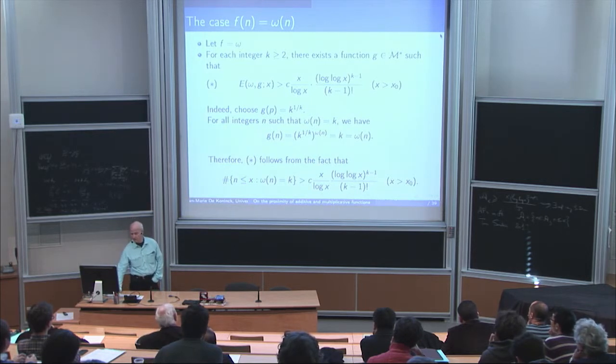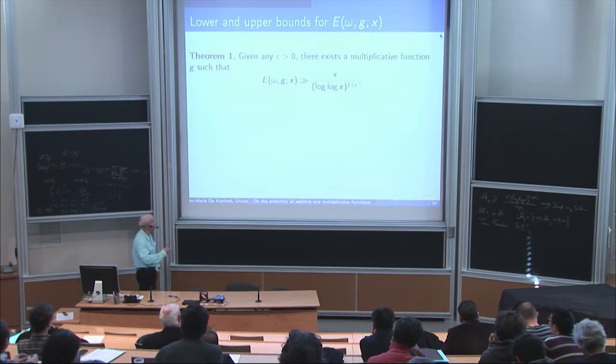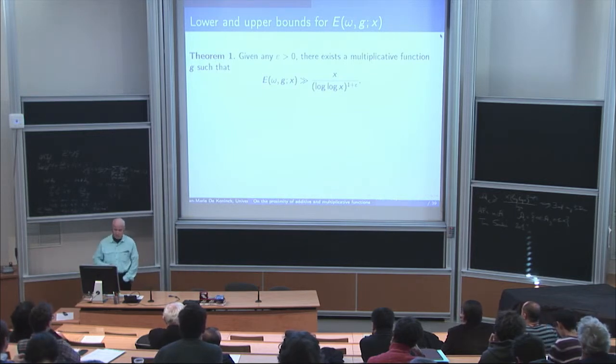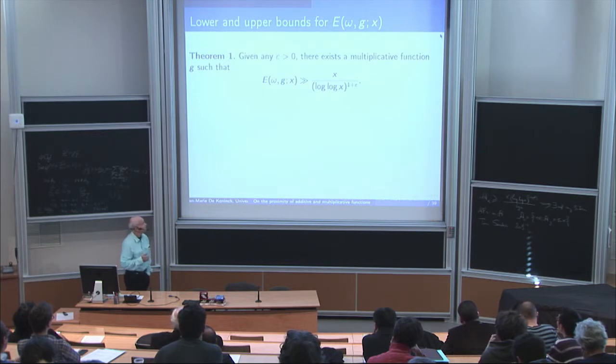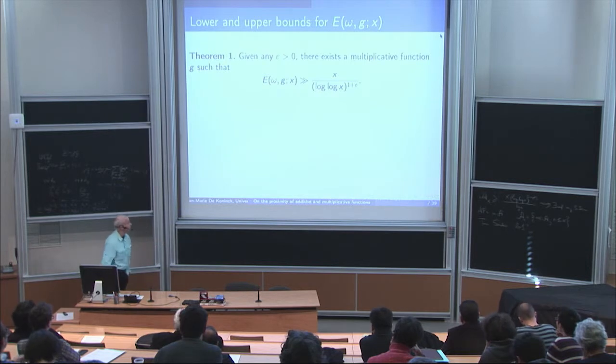So I will state now four theorems, and we will go through the proofs. It's not so complicated. The first theorem is that if you fix epsilon bigger than 0, then you can find a multiplicative function which coincides with omega on a large set, and the counting function for that set is at least x over log x.